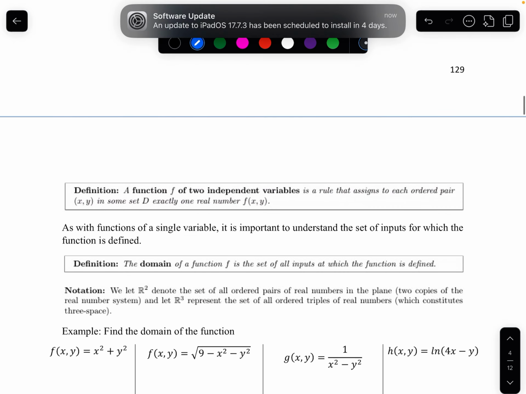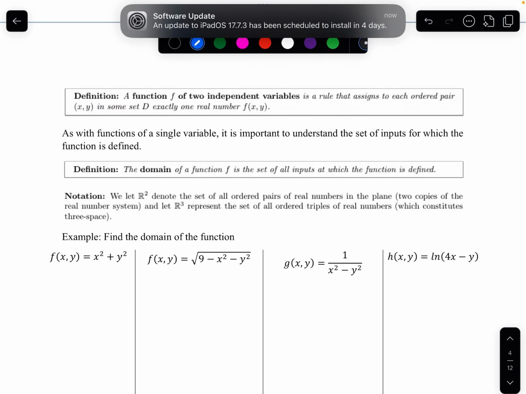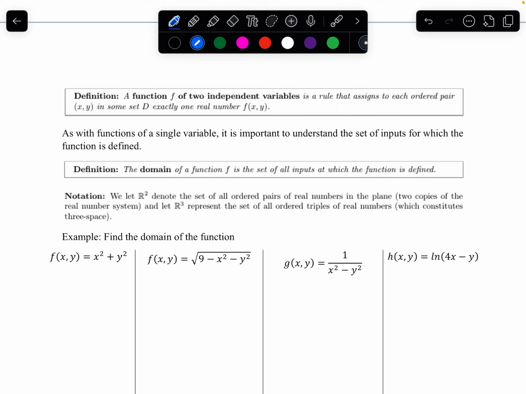Let's talk domain. This will be the longest video, longest chat we are going to have about domain. We are going to have to keep in mind what we know about some previous functions, like rational functions. We can see this one right here, g of x, y, it's got that rational look.